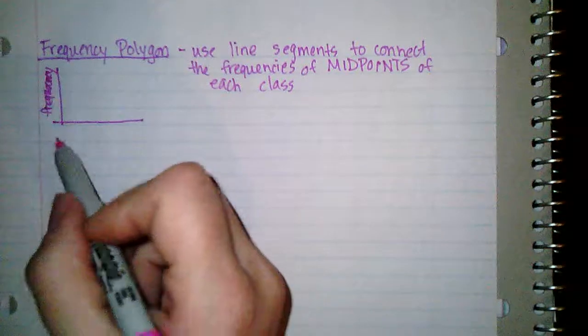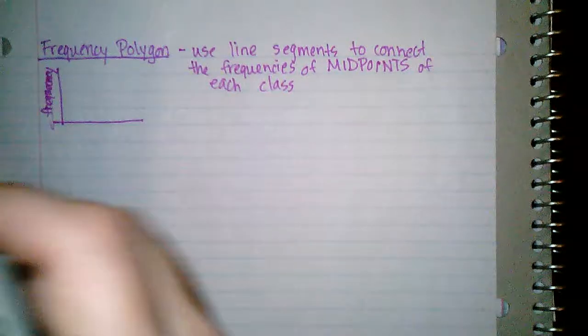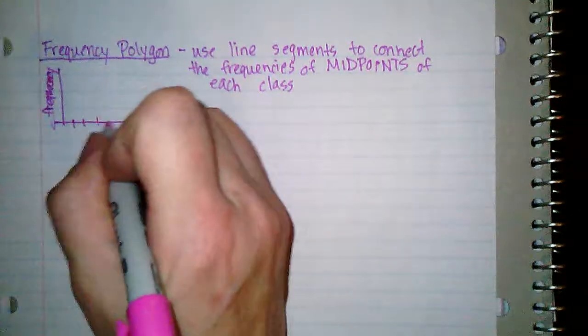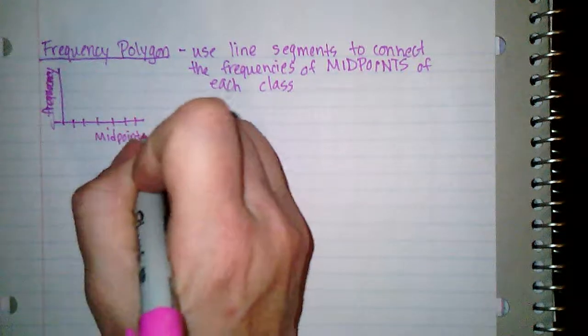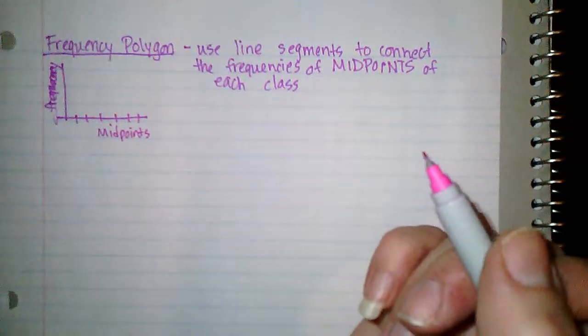What's going to happen with a frequency polygon is that you will have the frequency along the vertical axis just like before, and then you're going to have the midpoints along the horizontal axis.